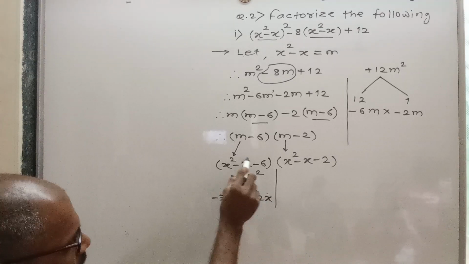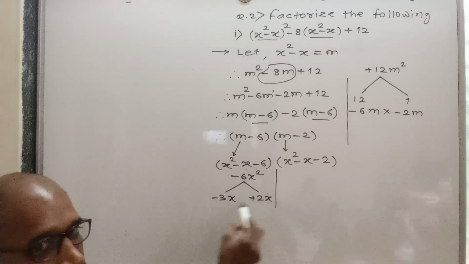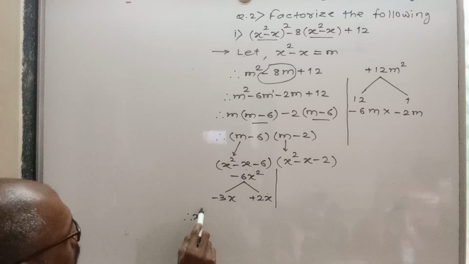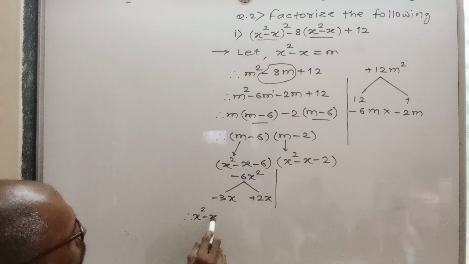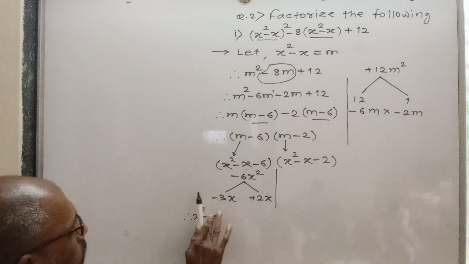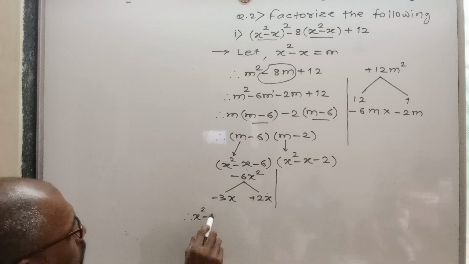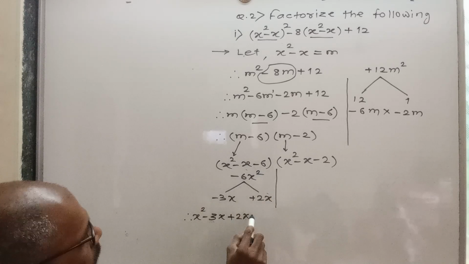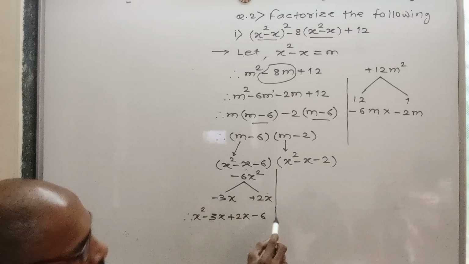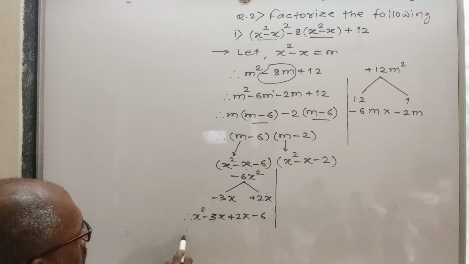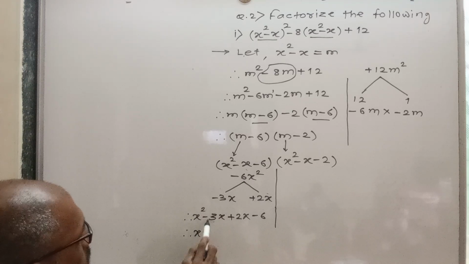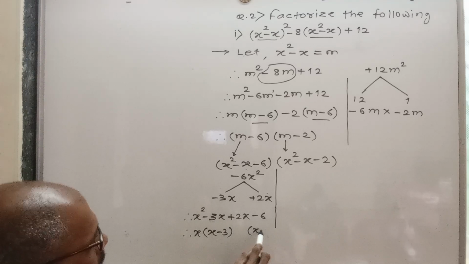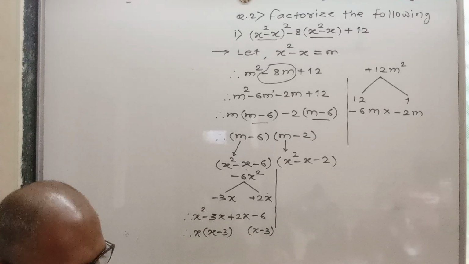Okay. Now same way, instead of minus x, we put here these two values. Therefore, x² − 3x + 2x − 6. Did you understand? Now here again x is common, therefore x minus 3. Same bracket, I told you, right here.